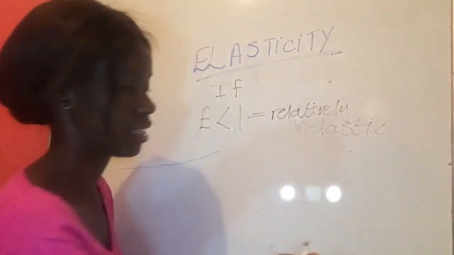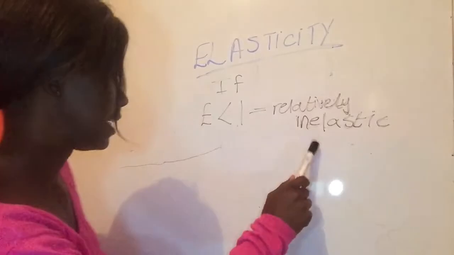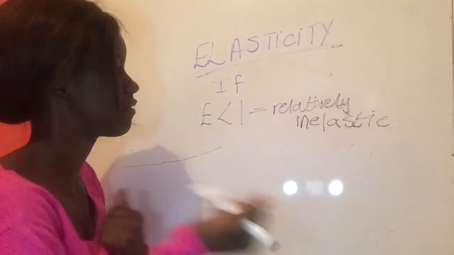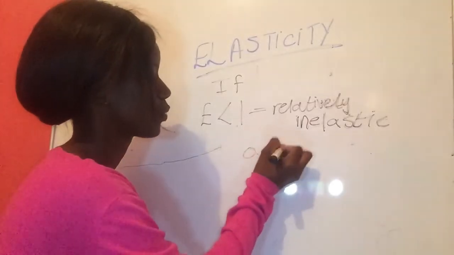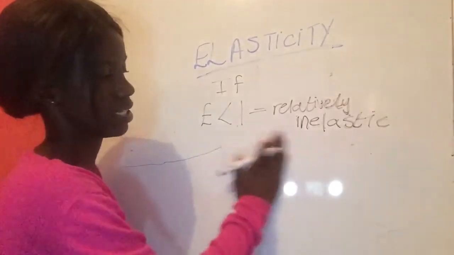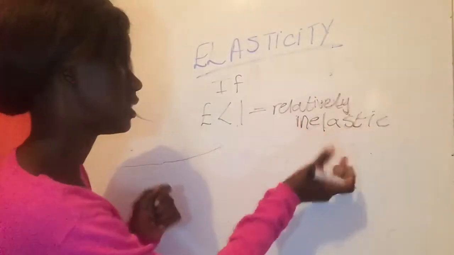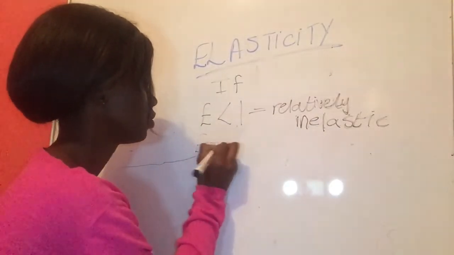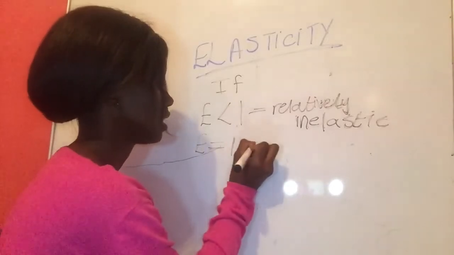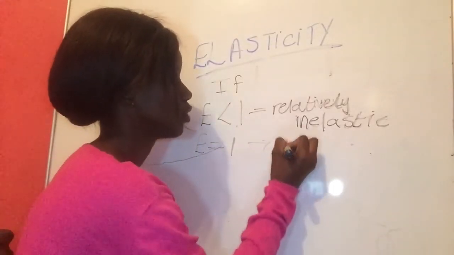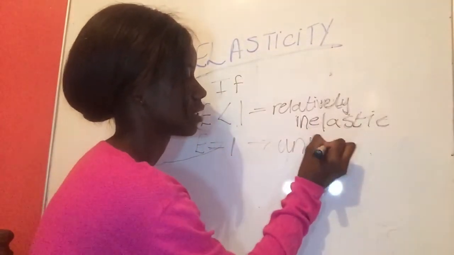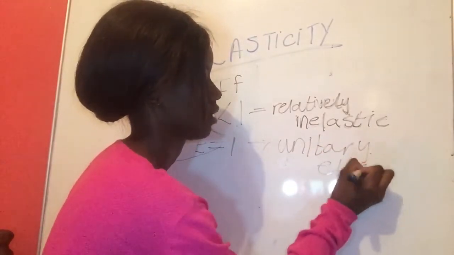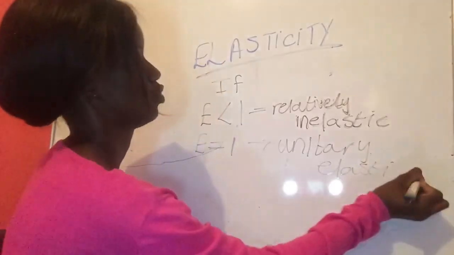So you might have a number such as 0.1. Such elasticities are relatively inelastic. But if your elasticity is equal to 1, then this is unitary elastic.